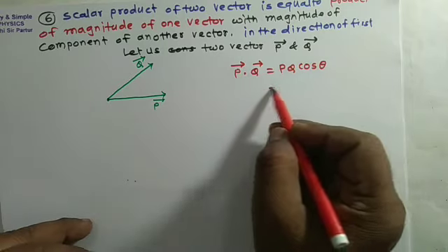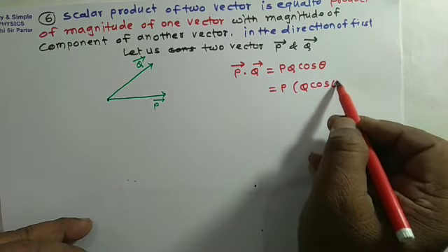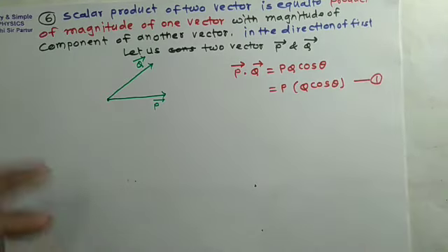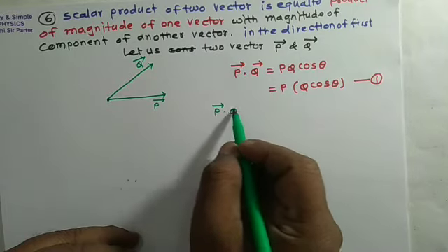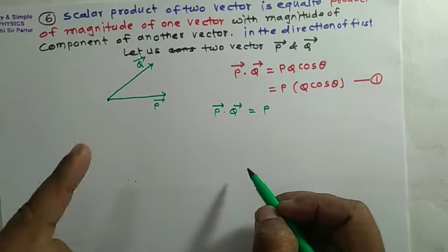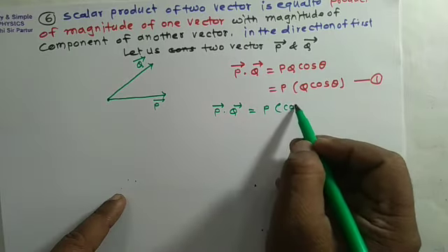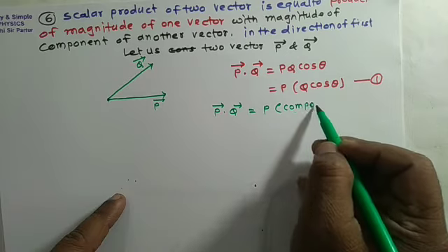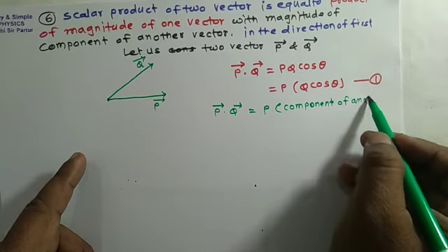So it can be taken as vector P in bracket Q cos theta. Suppose this is equation number 1. From this equation, we can say that vector P dot vector Q will be the product of the magnitude of one vector with the component of magnitude of another vector.